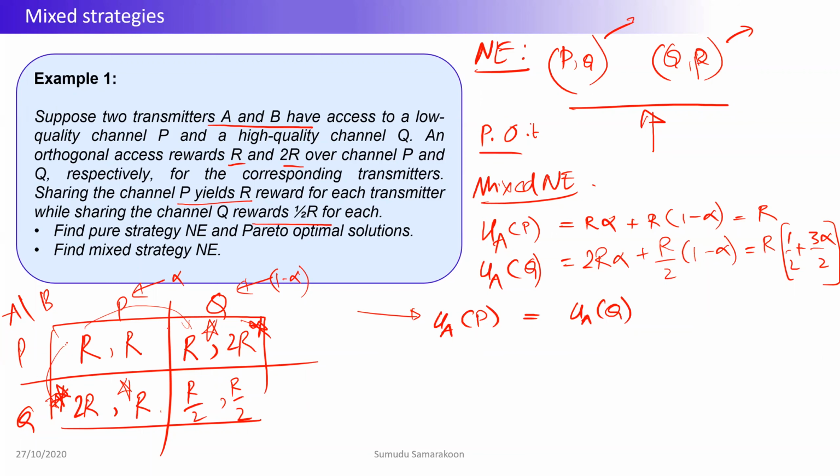So basically, randomizing over the two actions would not give any more benefit. In this regard, the choice of alpha for B should be selected in this manner. With this, we end up with the equality of 3 alpha by 2. It says alpha should be 1 over 3.